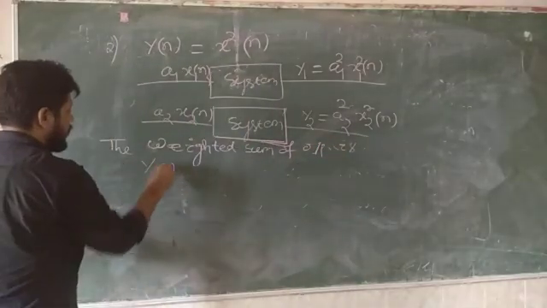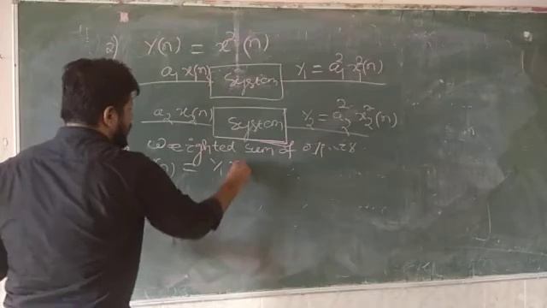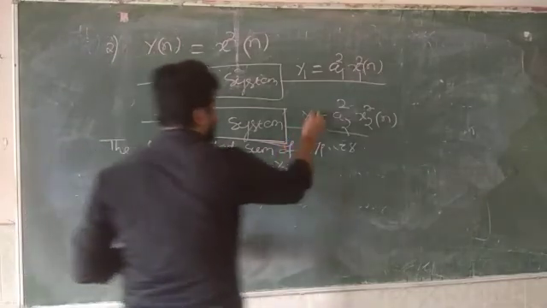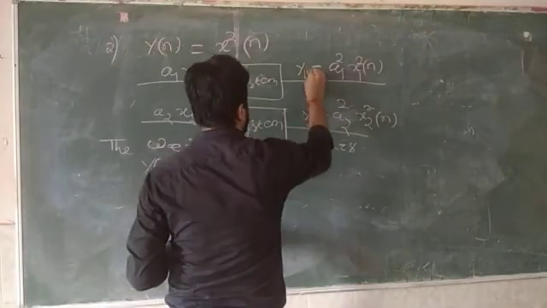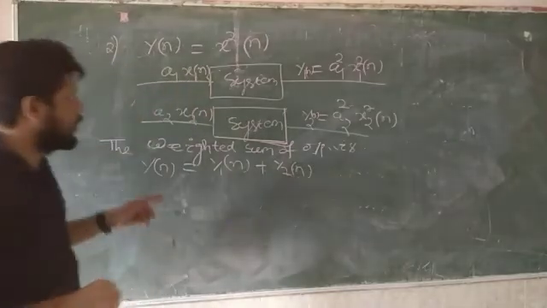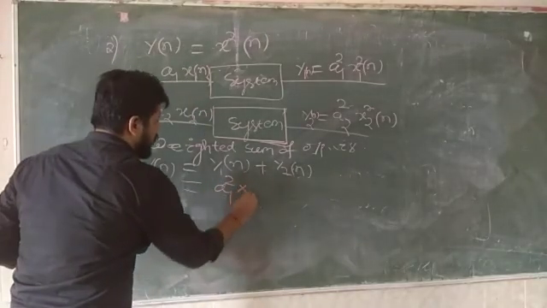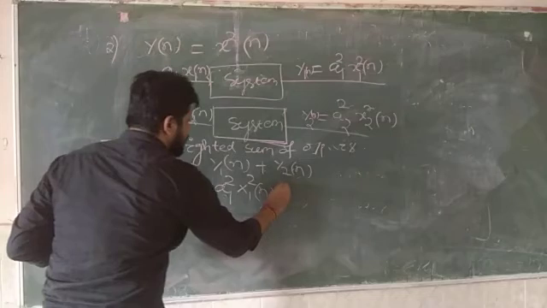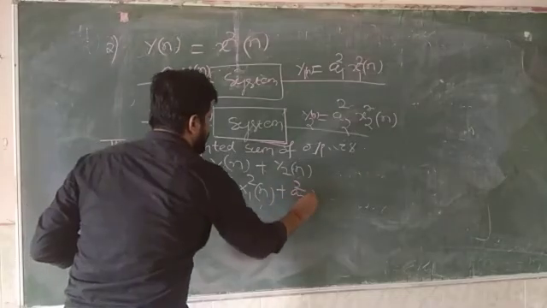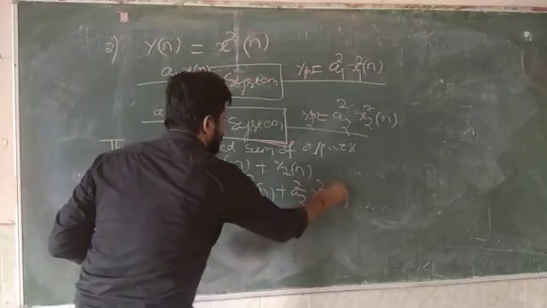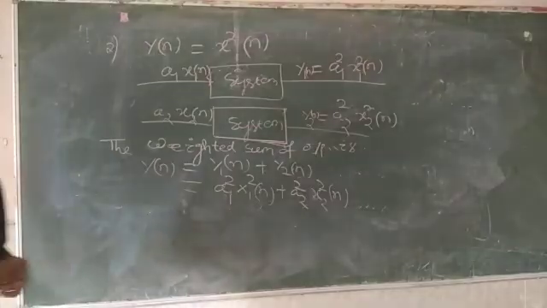The output y[n] is nothing but y1[n] plus y2[n], and we have seen the y1[n] value is a1 squared x1 squared [n] plus a2 squared x2 squared [n].